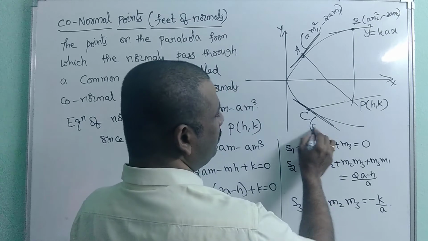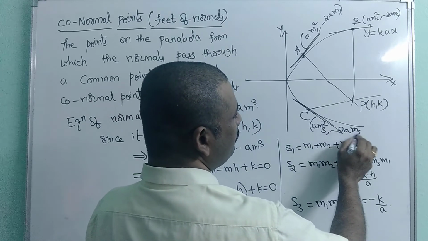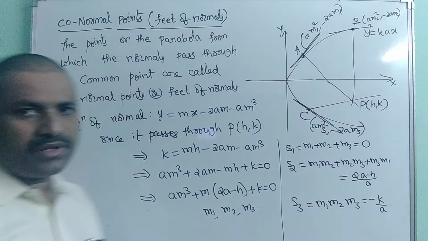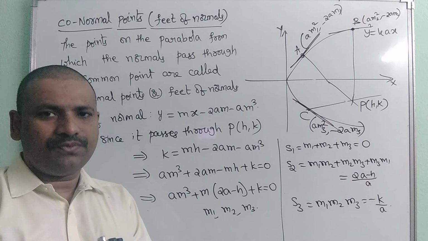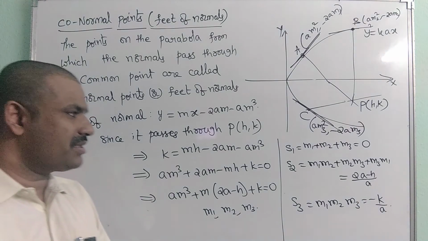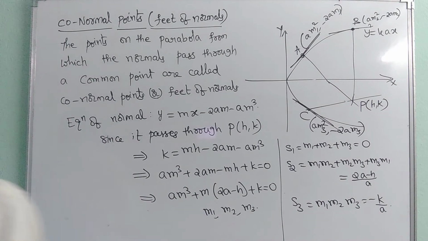And the C point is am3 square comma minus 2am3. These are the three conormal points or feet of normals. Based on the relations S1, S2, S3, we have some properties.